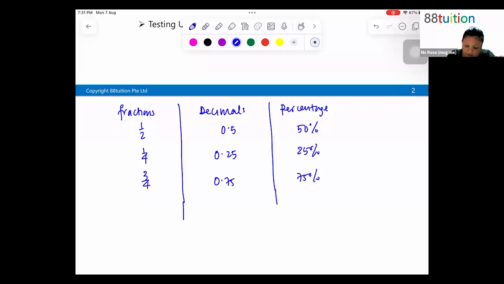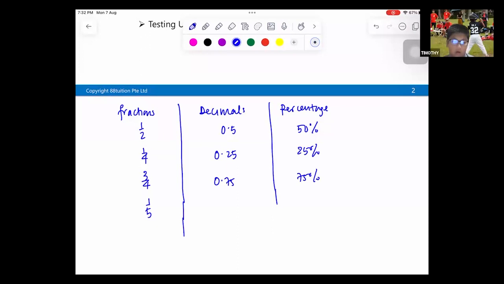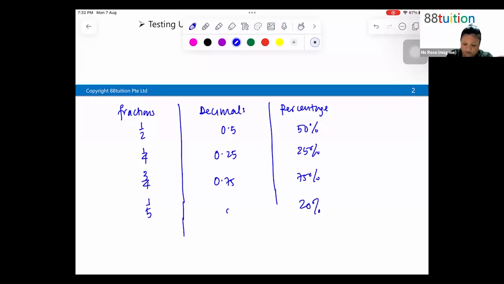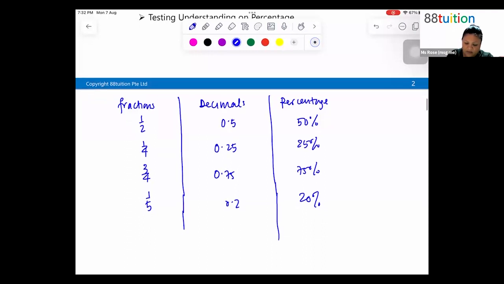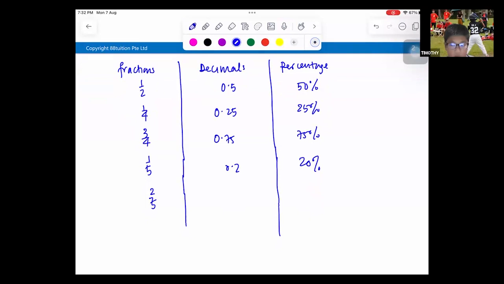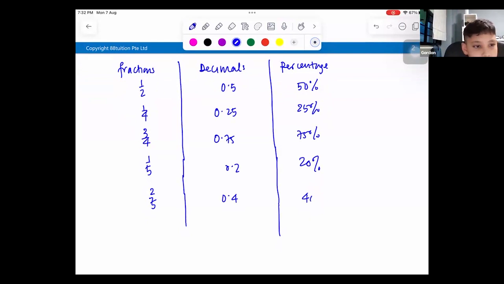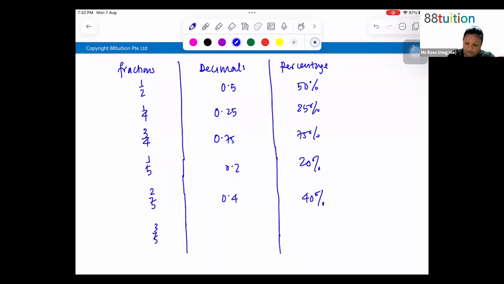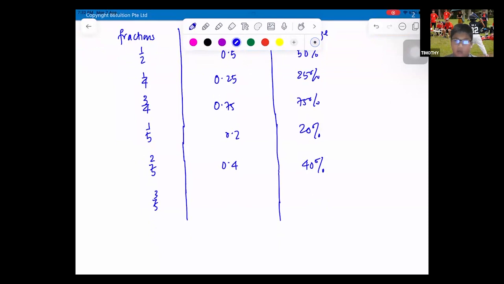So if I have 1/5, it will be 0.2 and 20%. 2/5 is 0.4, 40%. 3/5 is 0.6 and 60%.